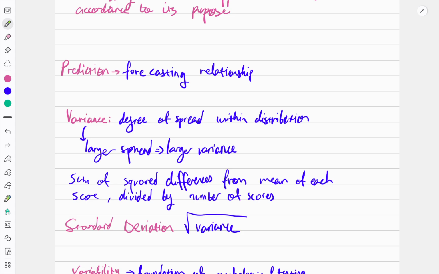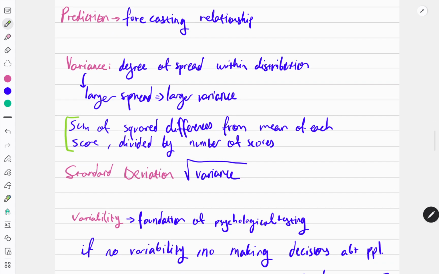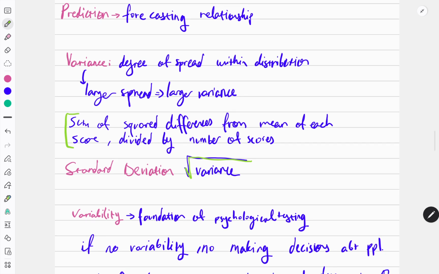So this is the formula of variance. And then we have standard deviation, which is the square root of variance.